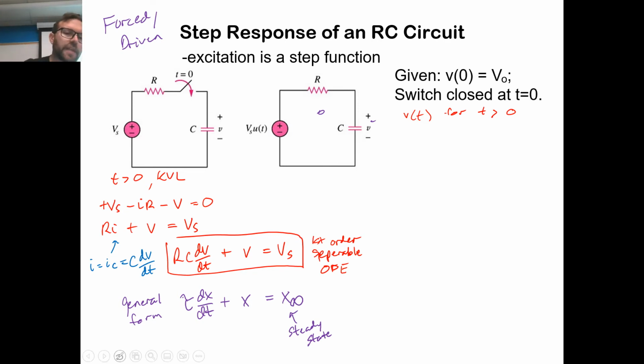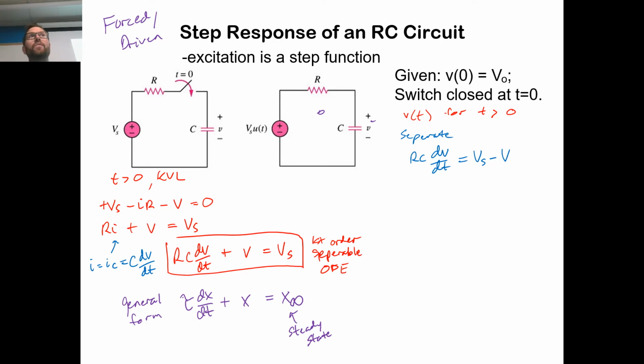Okay, so let's separate this thing and integrate to get our work here. So we have RC dV dt is equal to Vs minus V. Let's collect the terms with the differential operators.